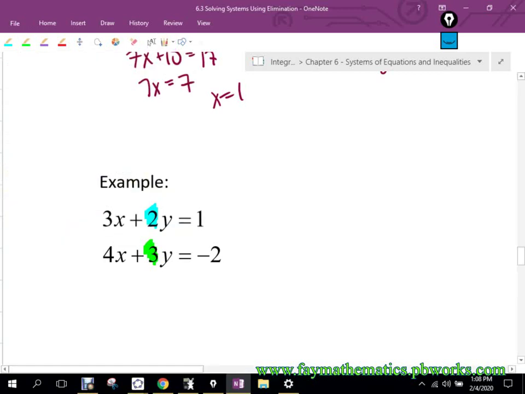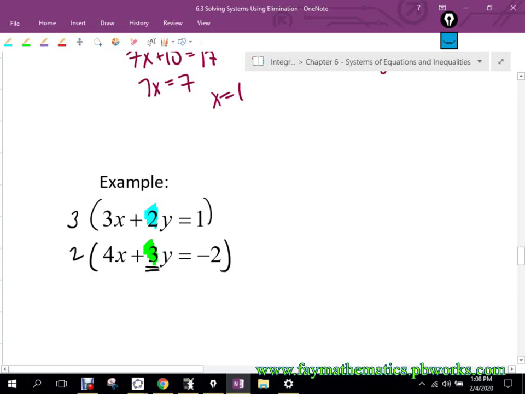I'm going to multiply this top one by that number right there. Because if these got to go to 6, and one of them's 2, I'll multiply the bottom one by the coefficient that is blue there.